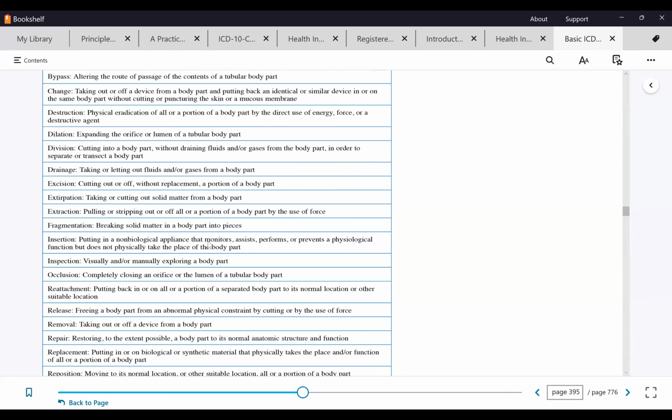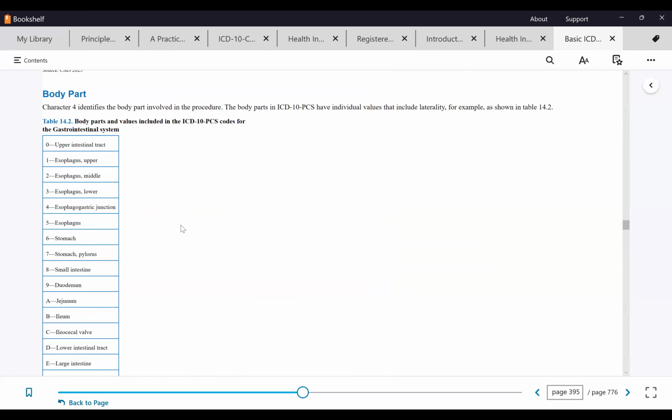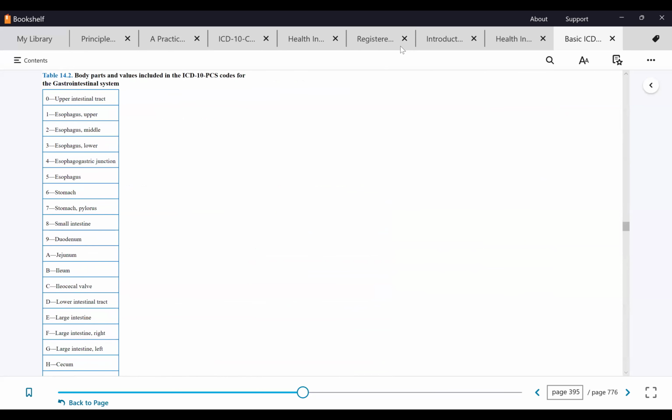But another thing is, what exactly are the body parts? And we typically tend to focus on esophagus, stomach, duodenum, ileum, cecum, colon, but we also have more.